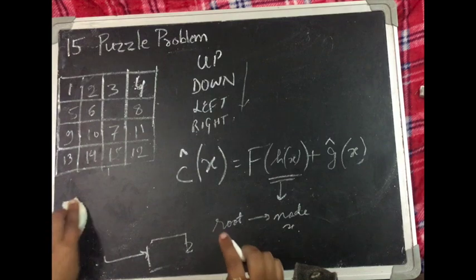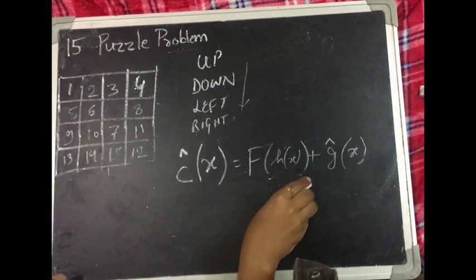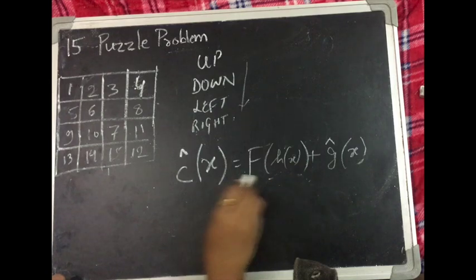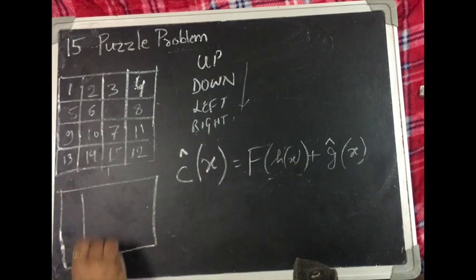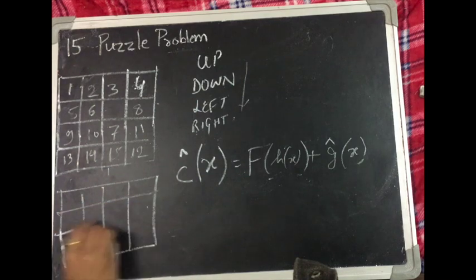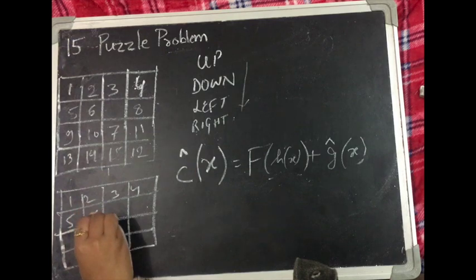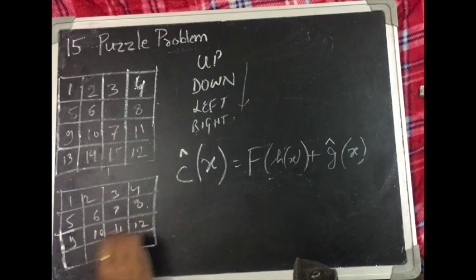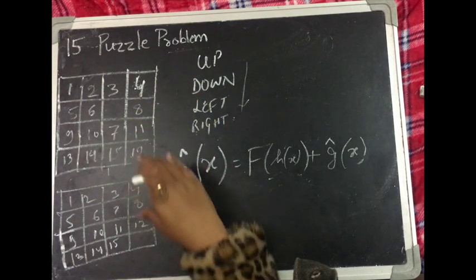Okay, and if I have to talk about g of x, so what is g of x? G of x means how many differences are there. So g of x will be how much different my given node is from the answer node.